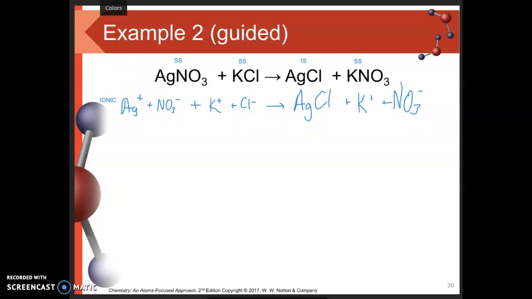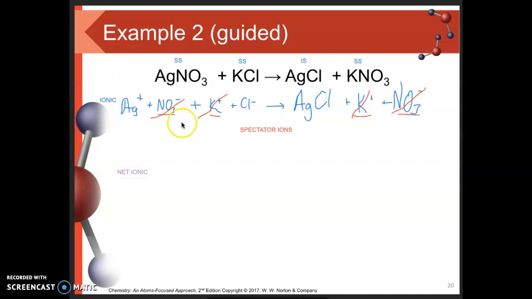Now, what I should recognize out of this is that there are some components here, the nitrate and the potassium in particular, that are common on both sides. Remember, we call those spectator ions. And those spectator ions disappear as we go from total ionic equation to net ionic equation.